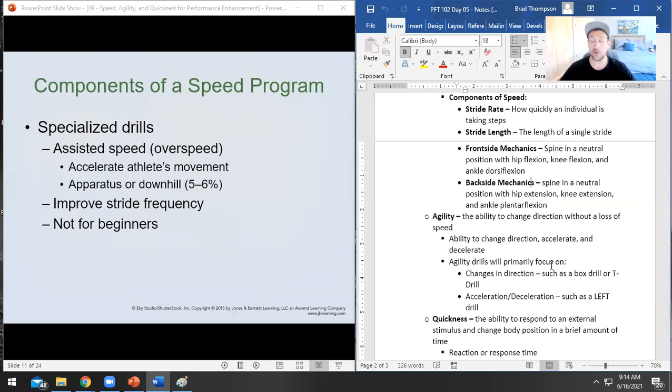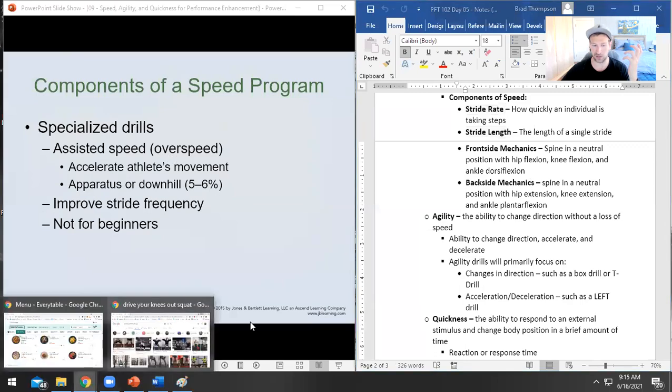So if we know that's true, then we have specific types of drills that are going to improve our speed, right? One of those things is what's called assisted speed drills or overspeed drills.